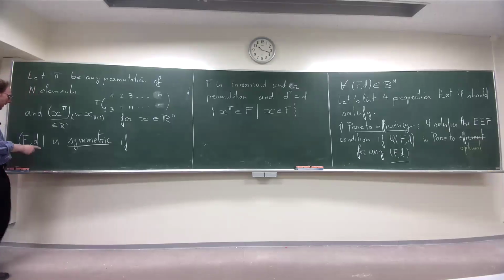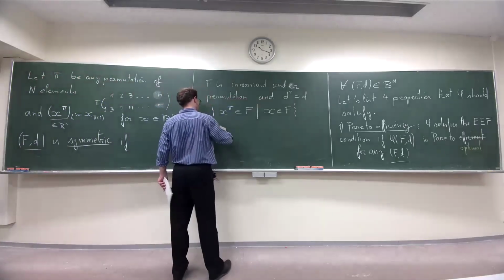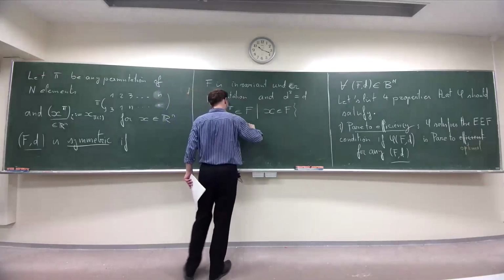So we say that a bargaining problem is symmetric if the subset F is invariant under permutation and d is also invariant for any permutation.